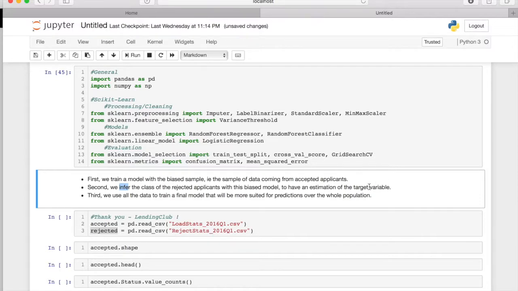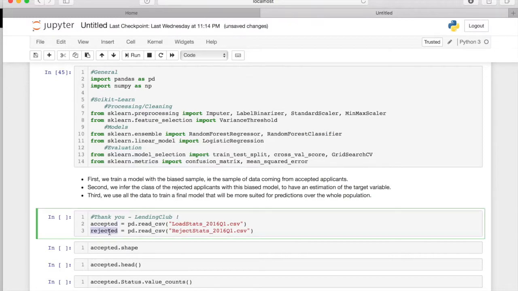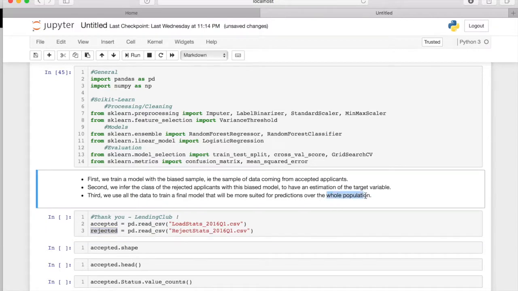We're going to try to come up with the label, the target variable, of those rejected applicants, so that afterwards we can compute a final model that combines both the data of the accepted and the data of the rejected applicants, in order to have a model that is better suited for predictions across the whole population.